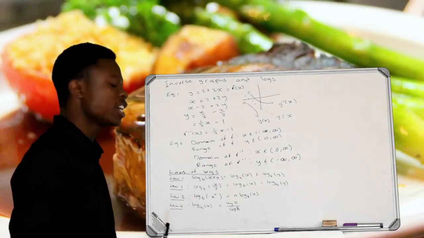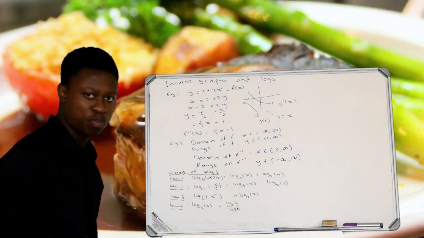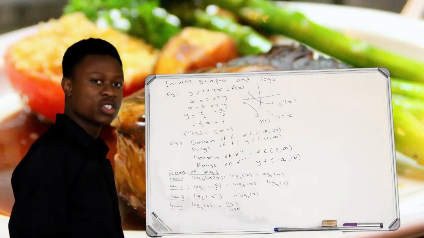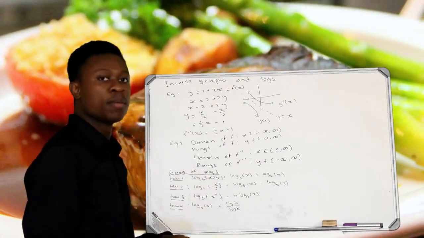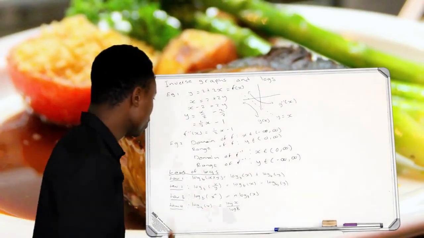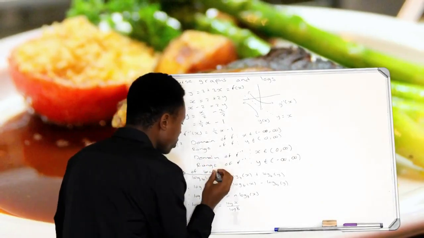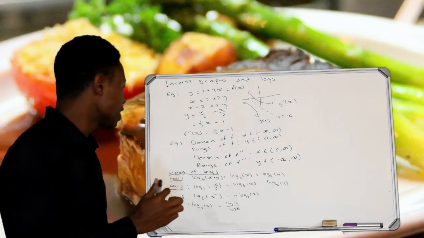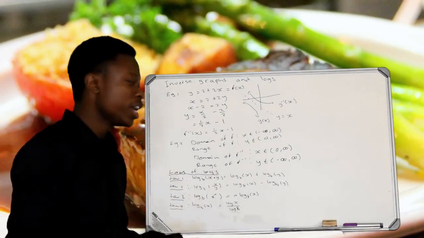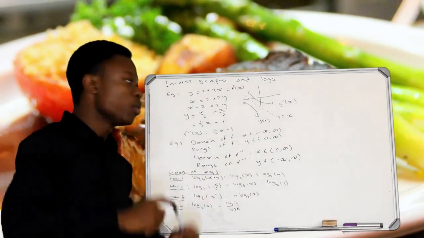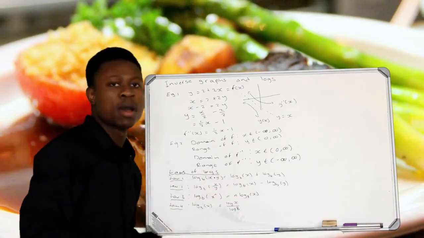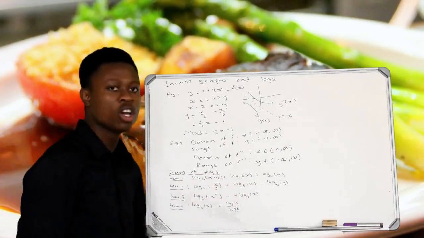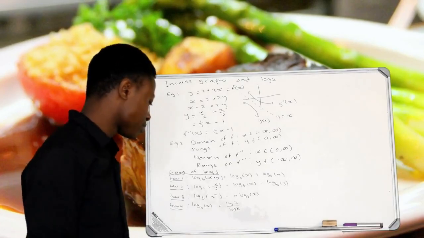The first law says that log base b of x multiplied by y, let me make that a dot, log of x times y, is equal to, if you separate them, log b of x plus log b of y, right?